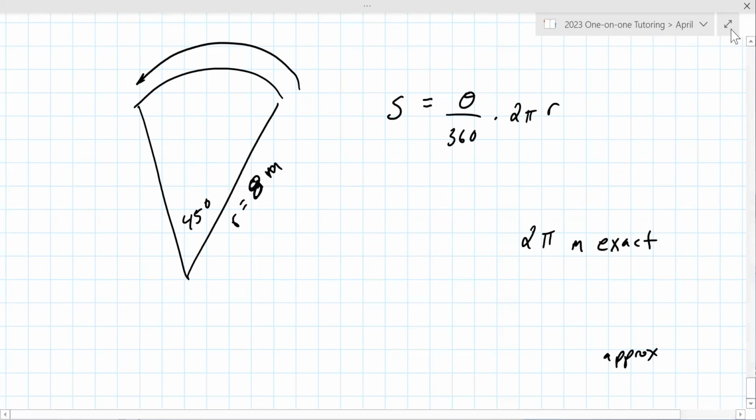Okay, good. So let me give you another one here to work on. And this time I only want the approximation. Okay. So let me put this one in front of you. All right.